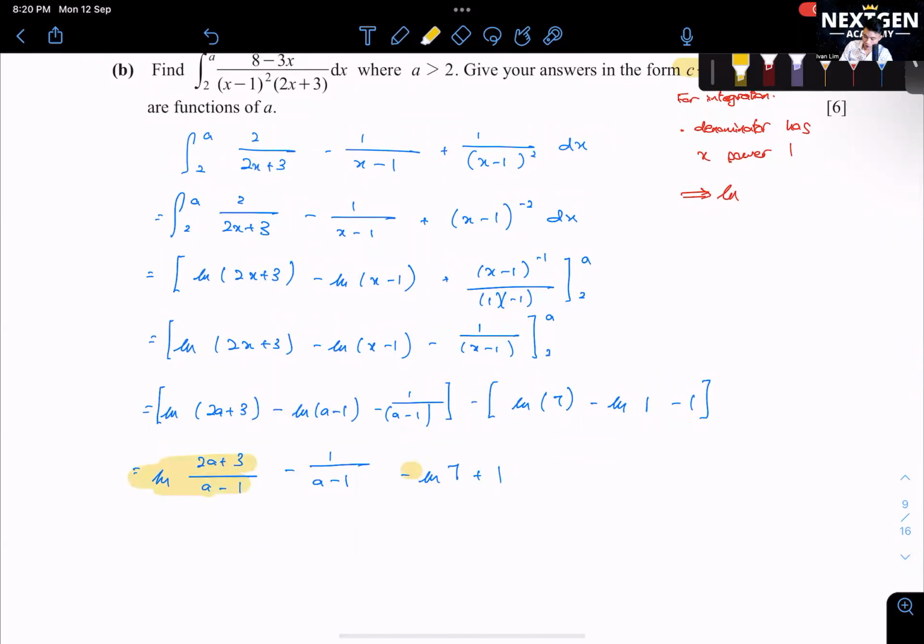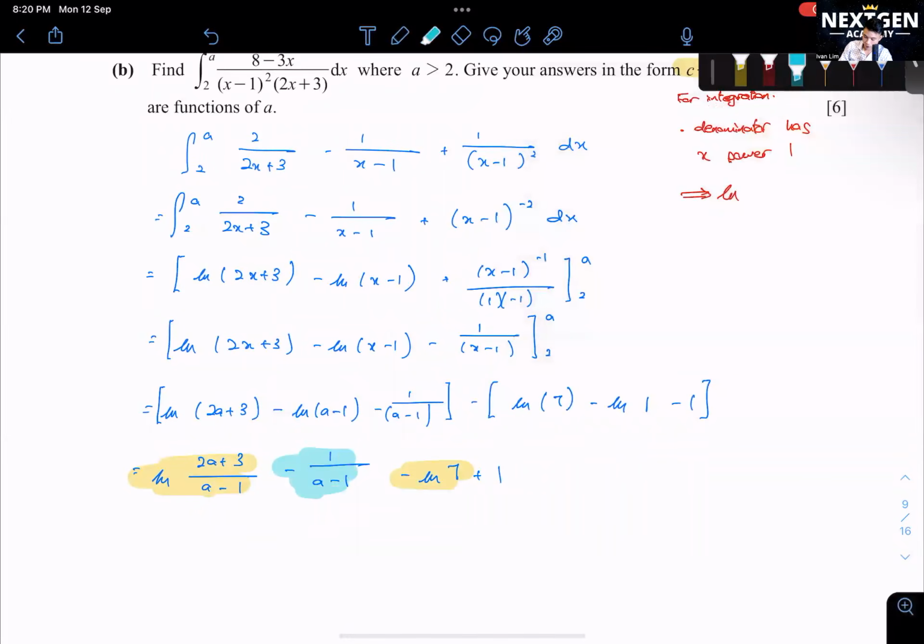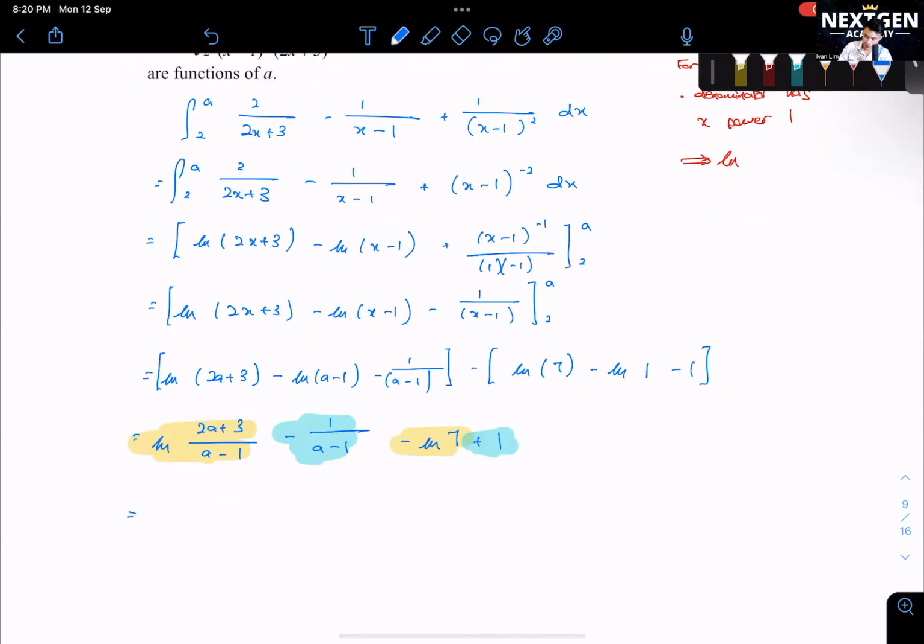The ln and ln must be together, then the ones without ln together. So I simplify it and put it in the form that they want. I can write it as minus a plus 2 plus 1, then plus ln 2a plus 3 over 7 a minus 1, because when we divide, minus ln becomes divide.